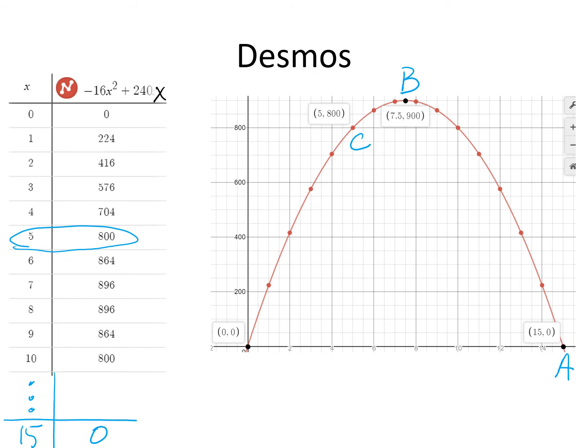You may have noticed in this example that we don't have a constant out here, and that is because this object was launched just straight off the ground, so our initial height was 0. So just trying to make some connections as we look at the different examples. All right, so on the next slide, we'll go back through those questions and record these answers, again using the information I found from the graph and table in Desmos.